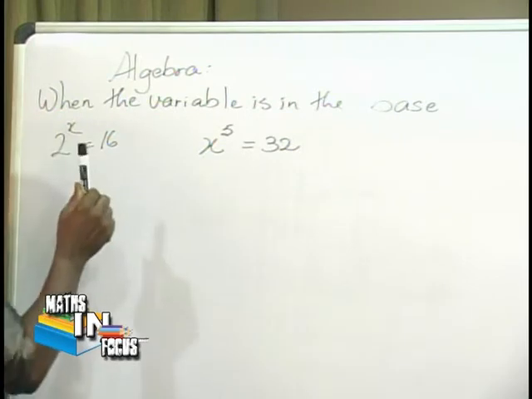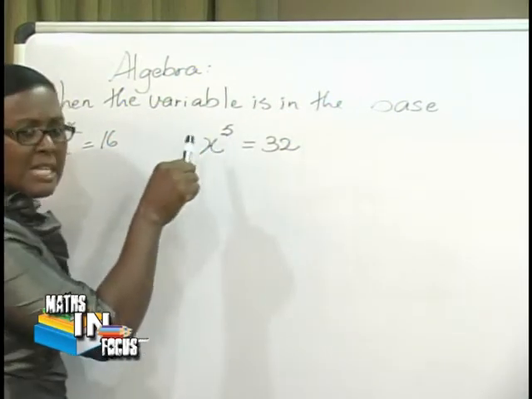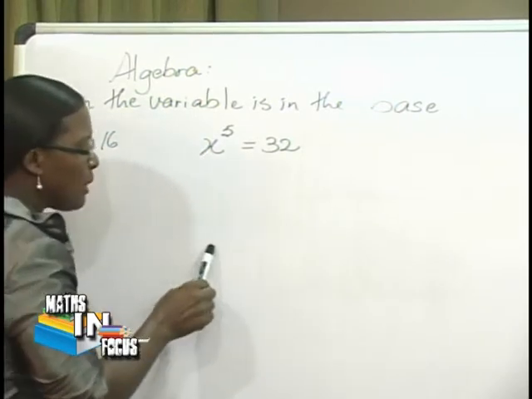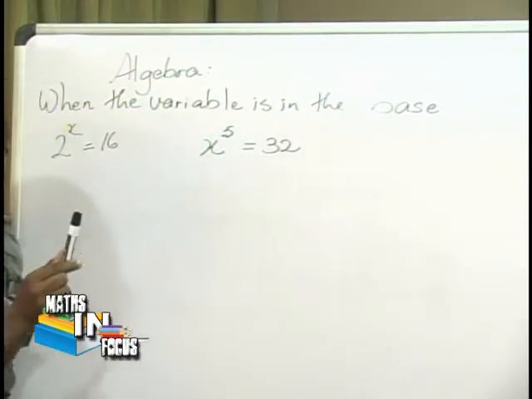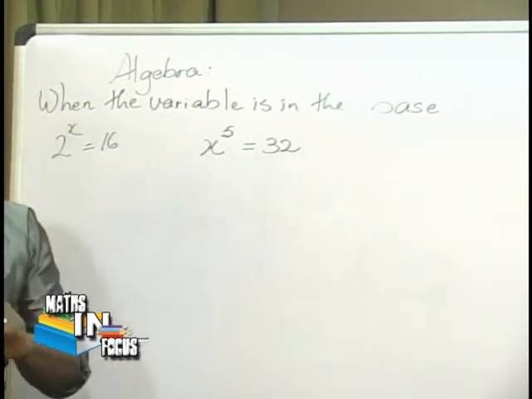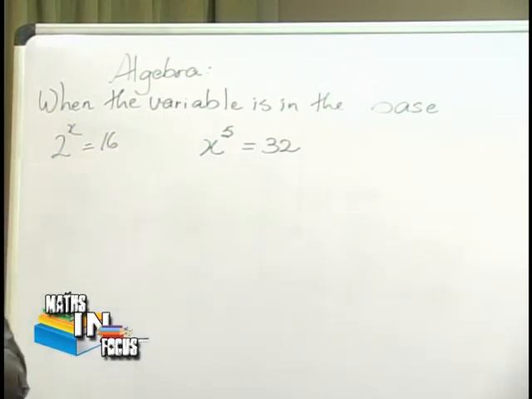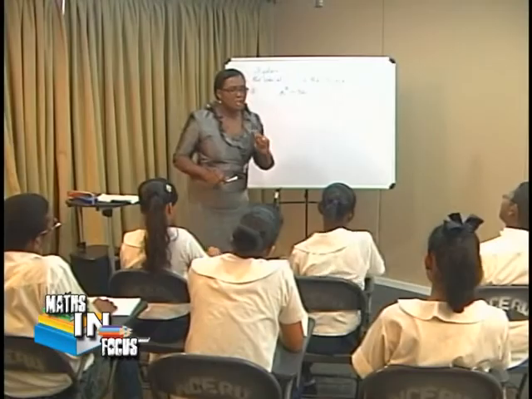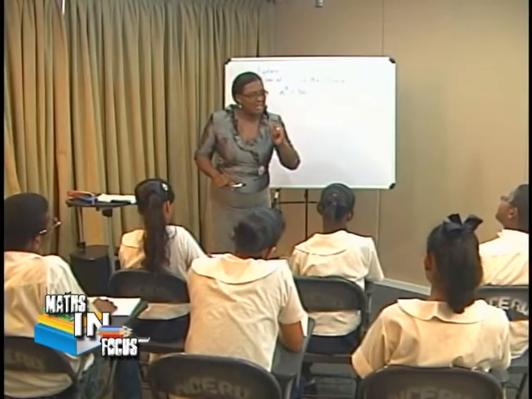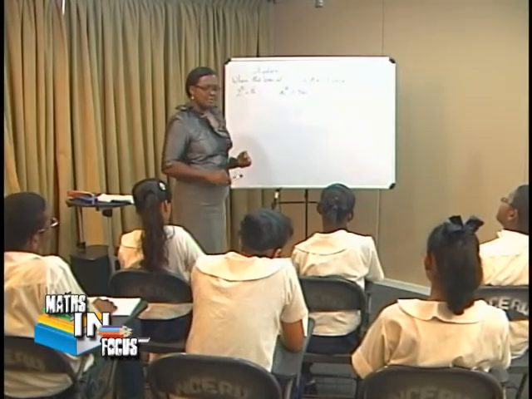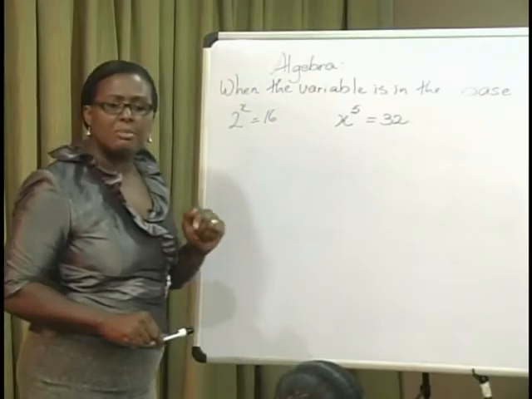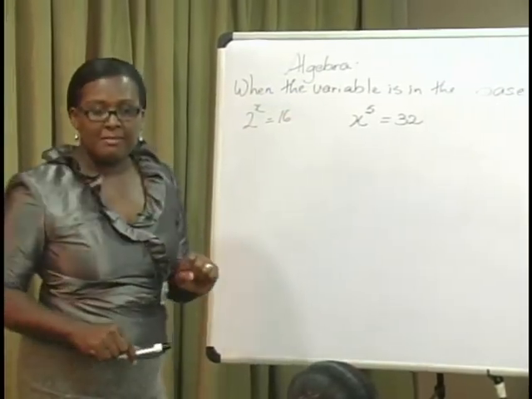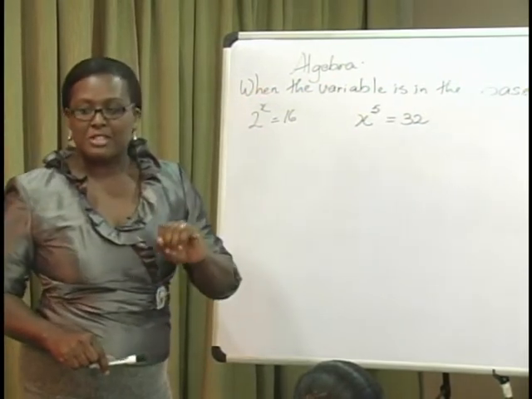We're going to multiply it by itself 5 times because that is what the 5 is telling us. And when we're finished multiplying, the product will be 32. So we want to know what is that number. Some number we're going to multiply by itself 5 times, and out will come 32.